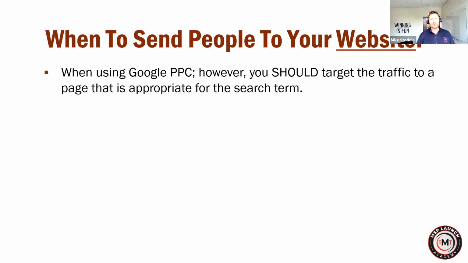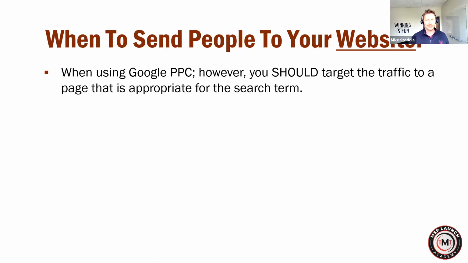So when do you send people to your website then? If you're using Google PPC, you should target the traffic to a page that's appropriate for that search term. I'm not going to get into this a lot, but if you're doing pay-per-click, you can say the premier IT service provider for Nashville, but if you're in Franklin, Tennessee instead of Nashville, Google can know that and point them to a page that says for Franklin business owners instead of Nashville business owners.